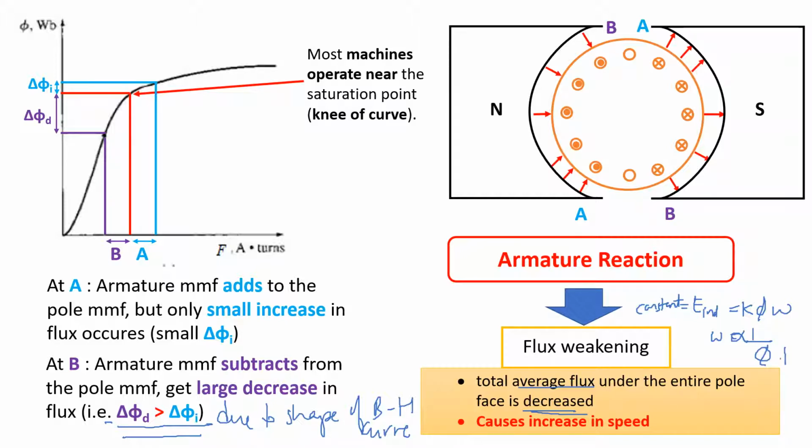And as flux decreases due to flux weakening, the speed of the machine would increase. And this increase in speed will keep on happening if the armature current IA keeps on increasing, because as IA increases, armature reaction becomes worse and the flux reduces further, and the speed will keep on increasing in a motor.